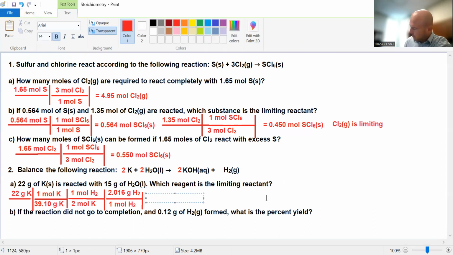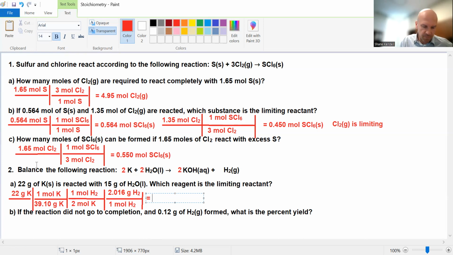And so I put all this into the calculator. So I've got 22 divided by 39.1, divide by the 2 because there's a 2 here, and then multiplied by the 2.016.